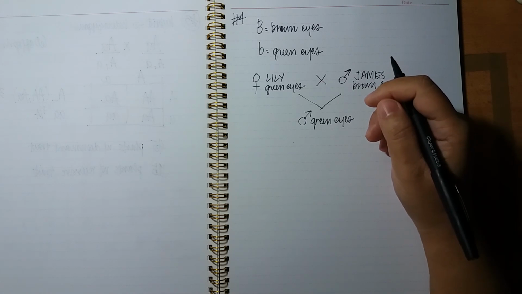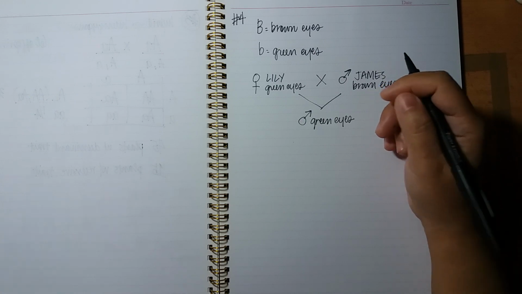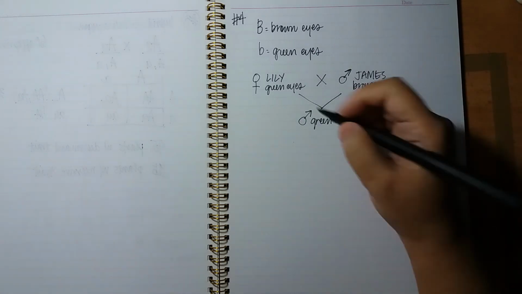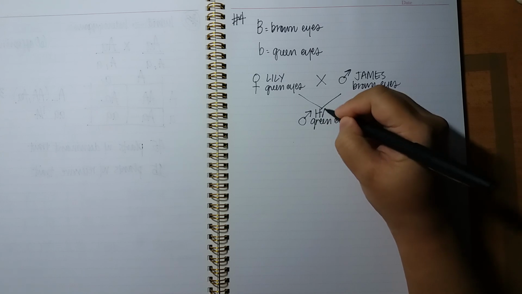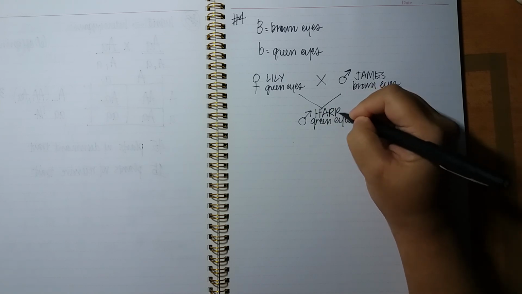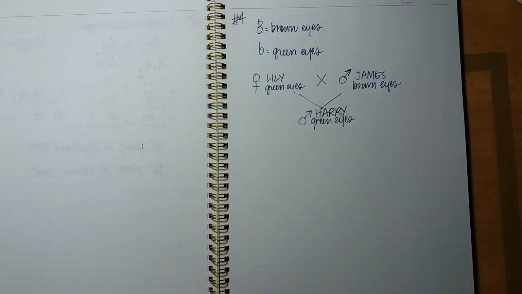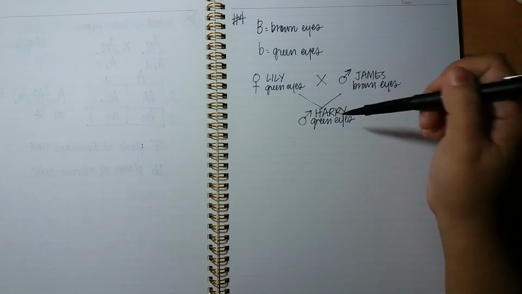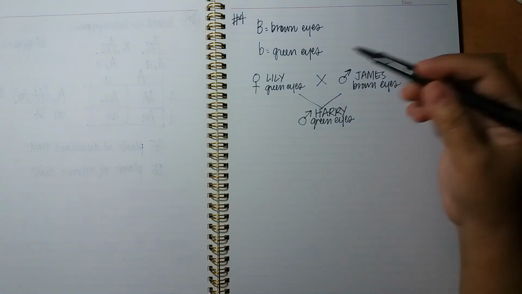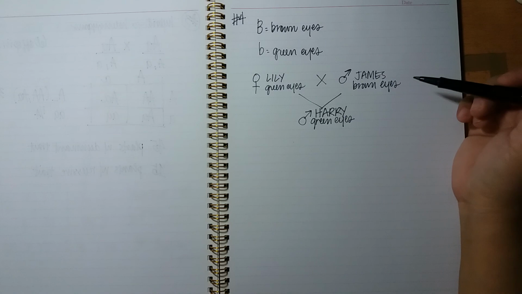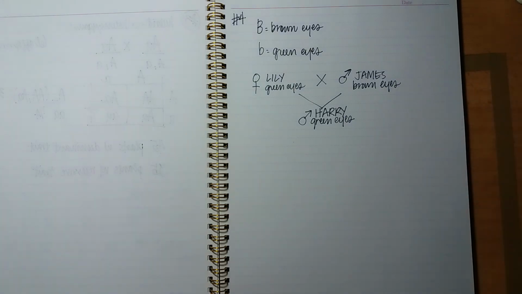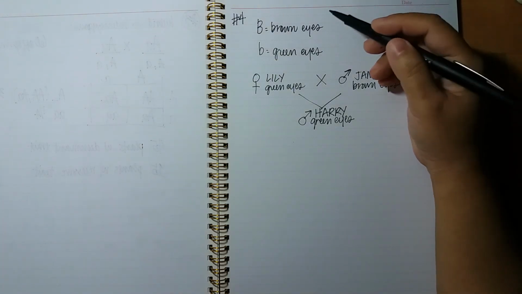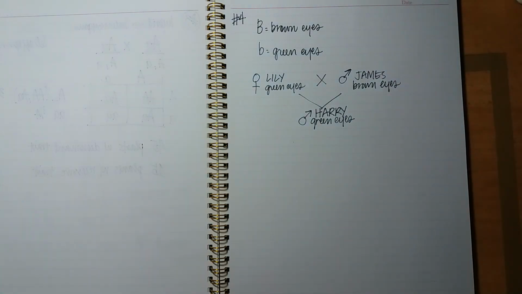Okay, letter A. What are the genotypes of James, Lily, and Harry in terms of eye color? Okay. So, ito, hindi ko nilagyan ng name. Ano ba? Hinape si Harry Potter. Okay. So, we have mother, father, child. Okay. Green-eyed mother, brown-eyed father, green-eyed son. Green is recessive to brown eyes. Okay. So, genotypes daw.